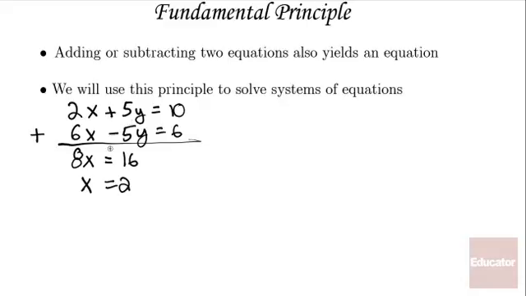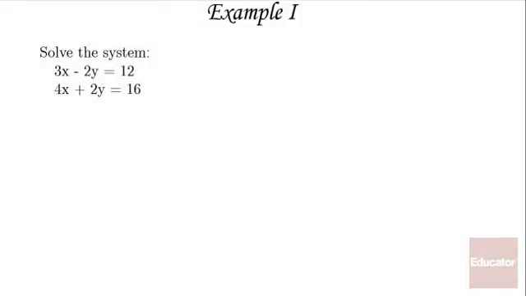Even if they're not already set up that way, you can certainly use this method. You just have to take some extra steps to get the equations in a similar form. But the underlying principle is that by adding or subtracting two equations, you can get a variable to drop out, leaving you with one equation with one unknown. And we'll see this in the example.